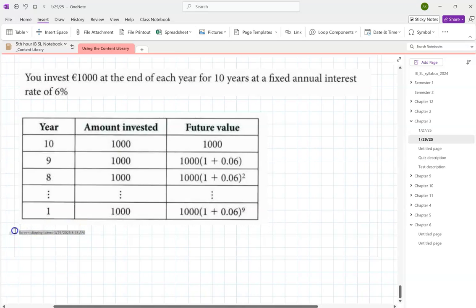Well, initially, we've invested $1,000 and that's all it's worth because no interest is hit yet. And the next year that interest will hit.